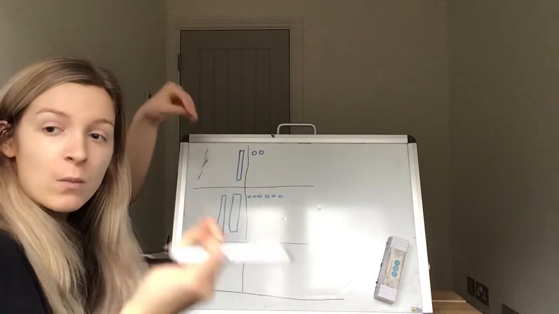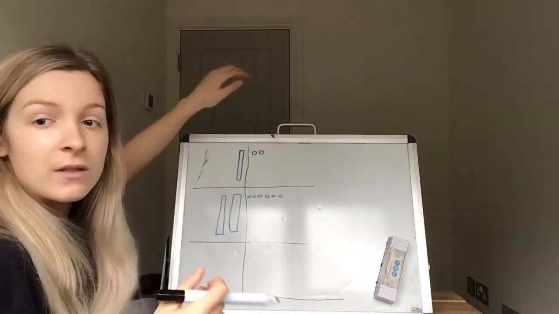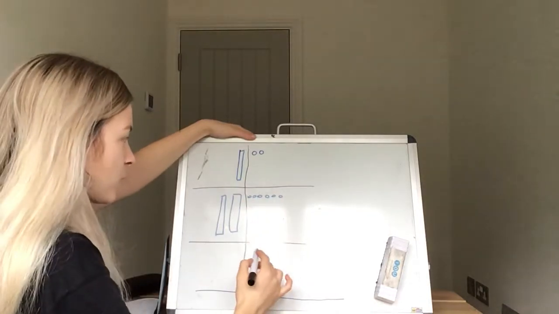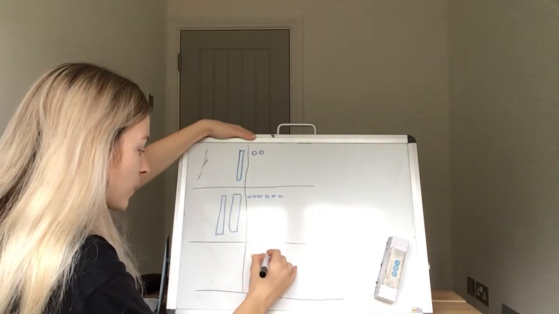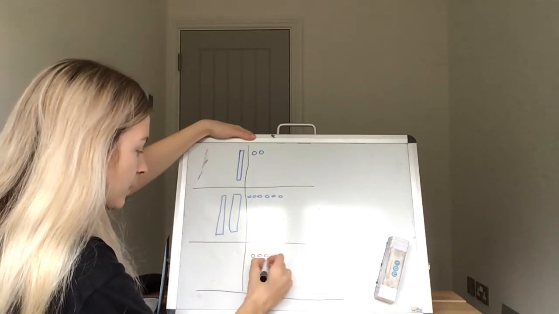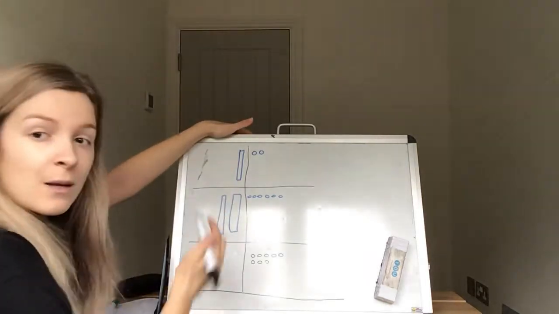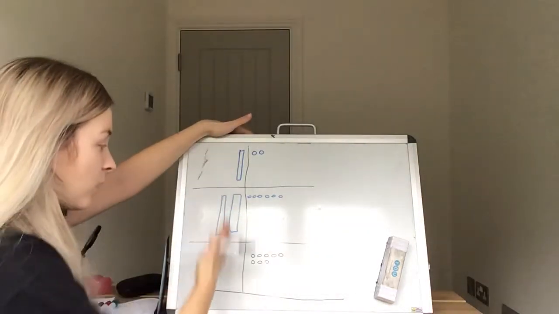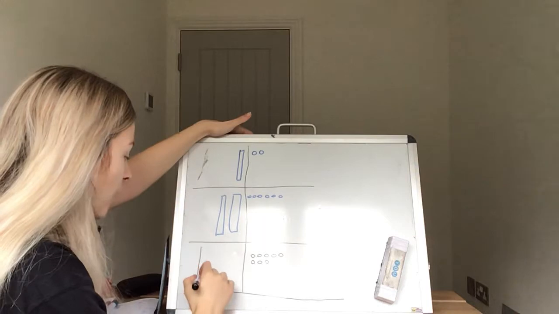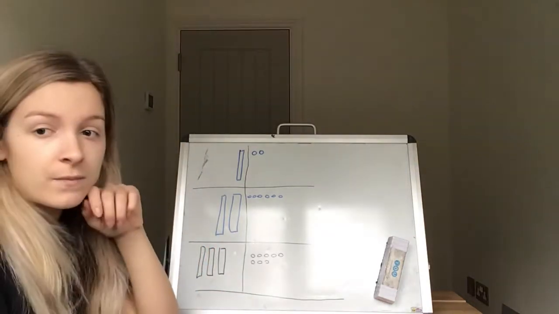I'm going to add my ones first of all. 2 ones add 6 ones is, of course, 8 ones. 1, 2, 3, 4, 5, 6, 7, 8. Now I can move on to adding my tens, and because it's all in a column, this is really easy. So I have, of course, 3 tens. Okay.